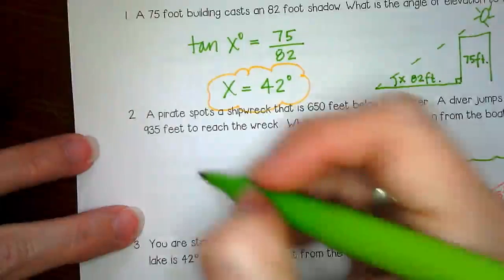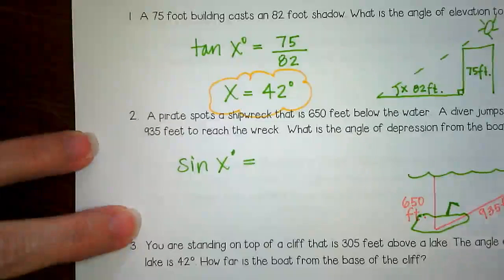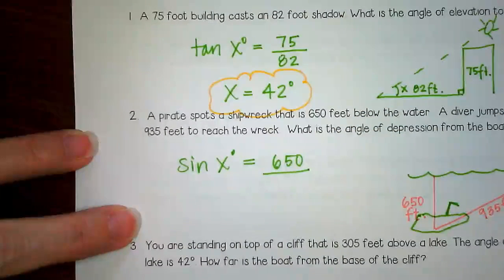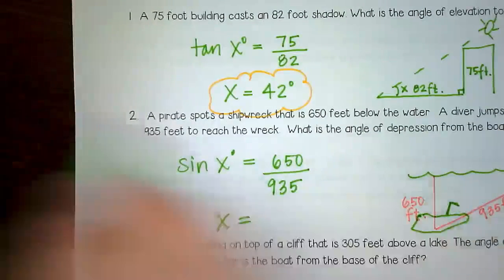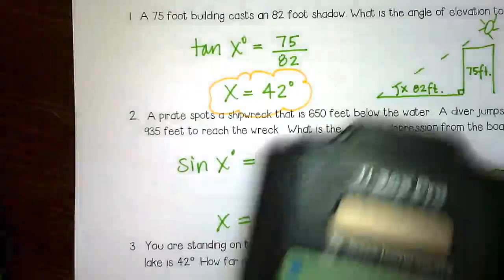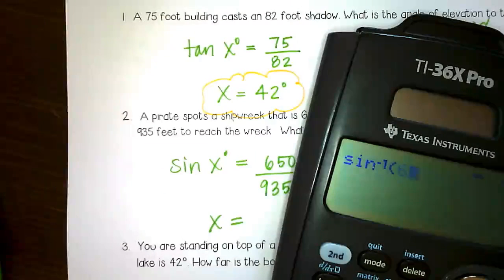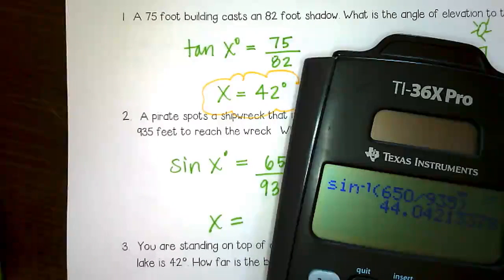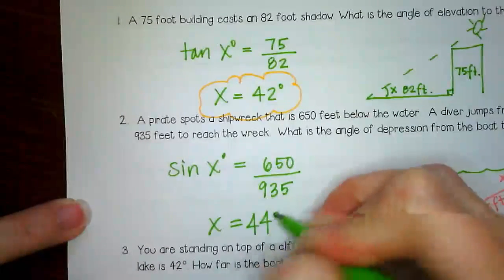So the sine of x is opposite, which is 650, over hypotenuse, which is 935. Again, we don't know the angle, so we need to use the inverse sine. So we have 650 divided by 935. Did I get that right? Yep. So that looks like a 44-degree angle. So 44 degrees.